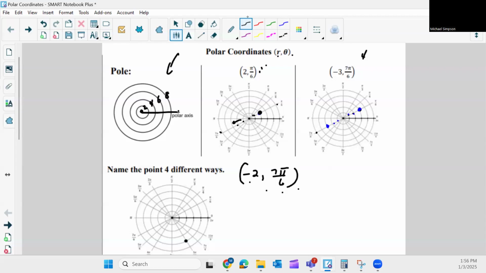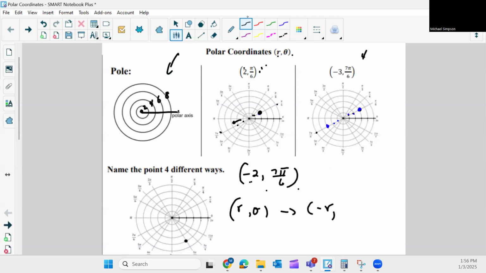What is the difference between those 2 points? Here the r value is positive, here it is negative. Looking at the form (r, theta), a negative r.